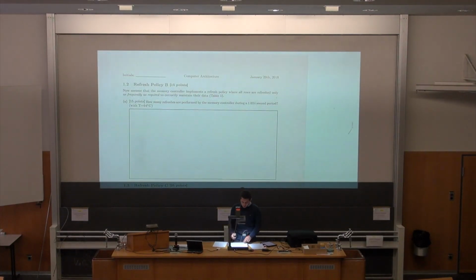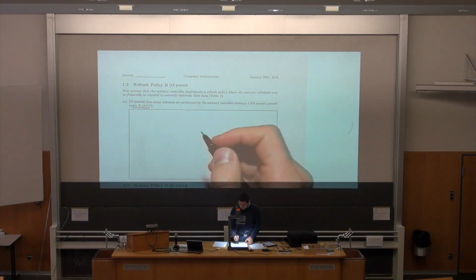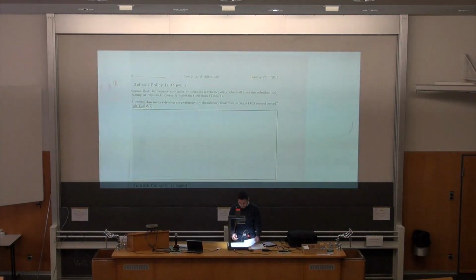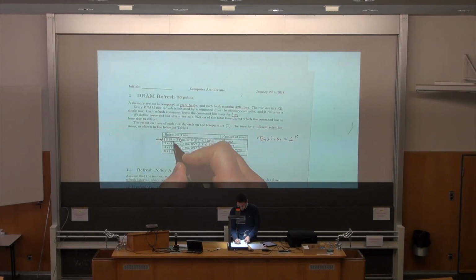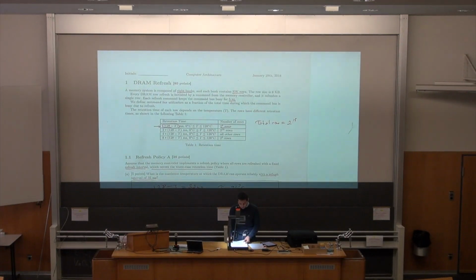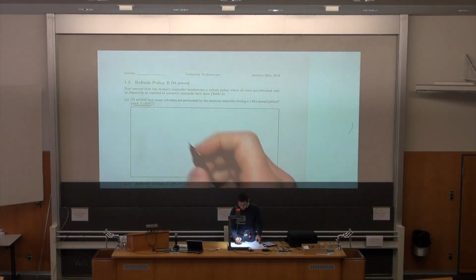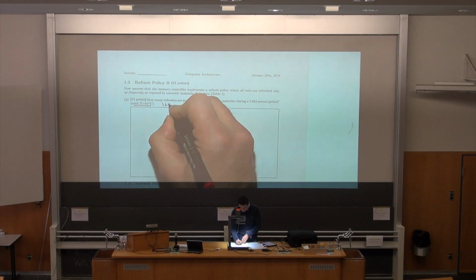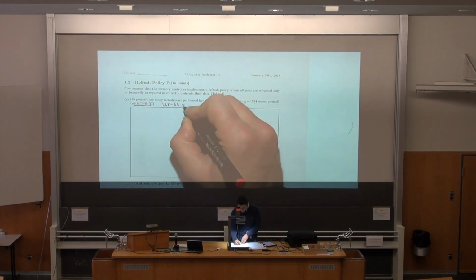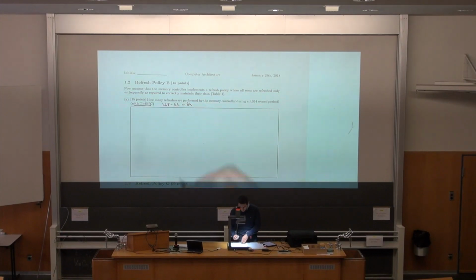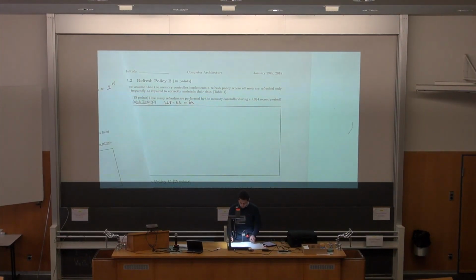We are given a temperature which is 64, and let's directly calculate the retention time for this one, because the rest of them will be just the multiplication of the first row. It will be 128 minus 64, and the retention time will be 64 milliseconds.